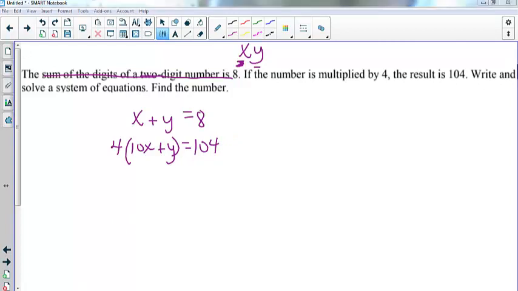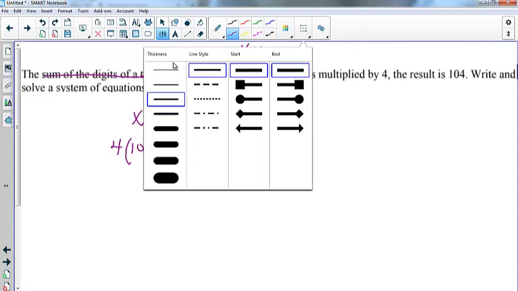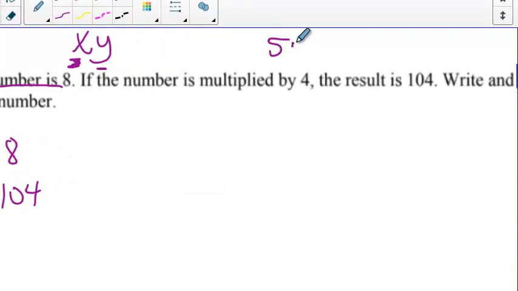Do you see what I'm saying there? Do you understand where I got it from? So what this is saying is x is in the tens place. Say my number is 57.